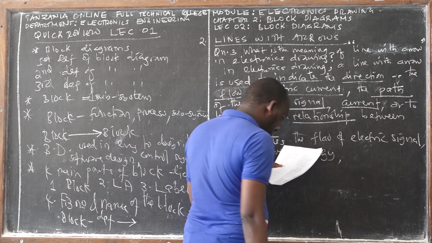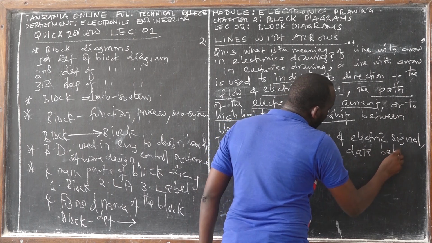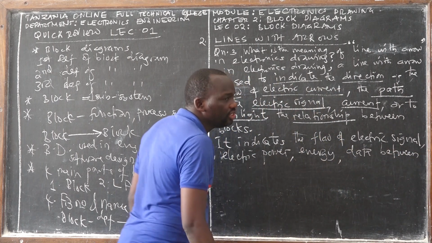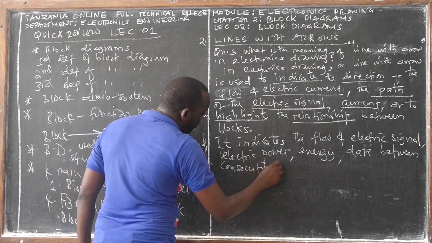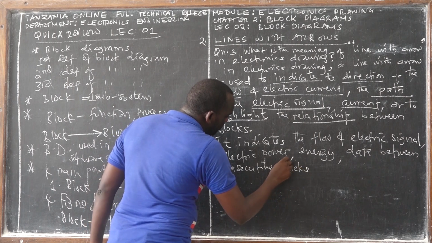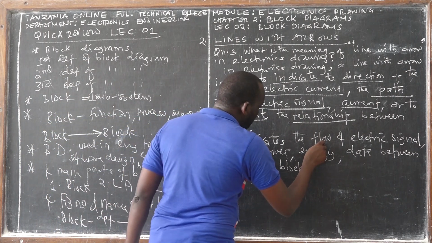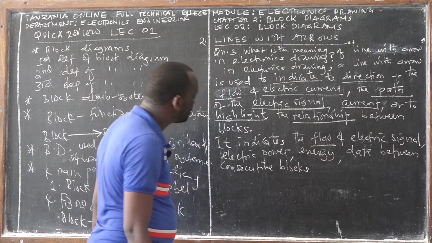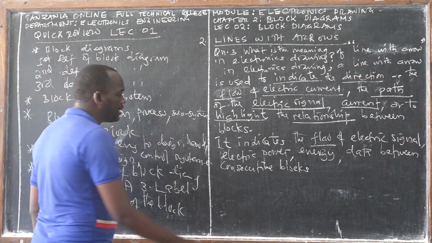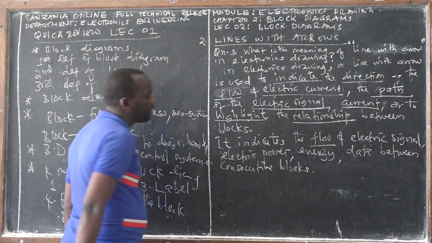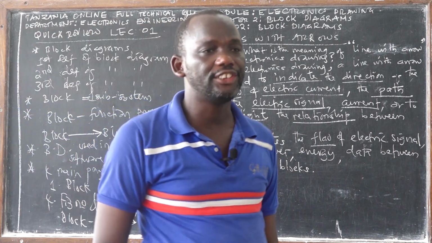It indicates the flow of data between what? Consecutive blocks. So lines with arrow also indicate flow of electric signal, or electric power, or energy, or data between consecutive blocks. Class, say flow of electric signal.